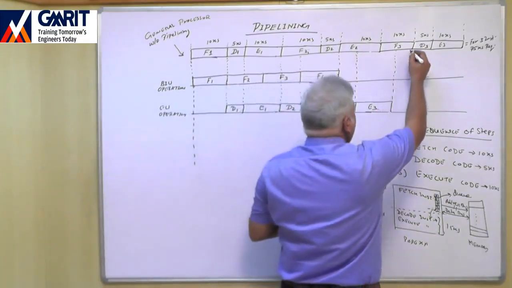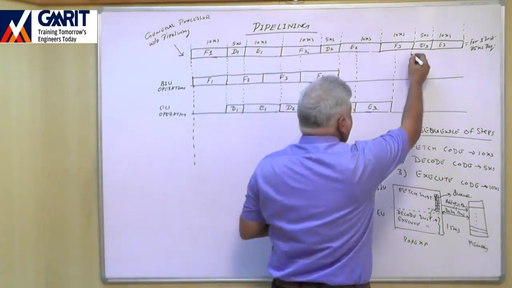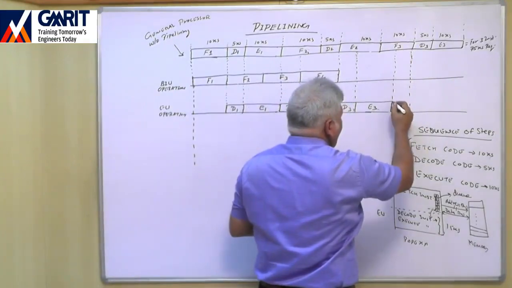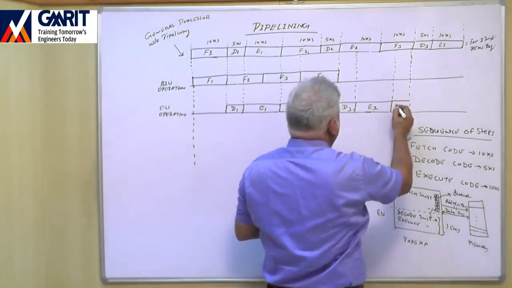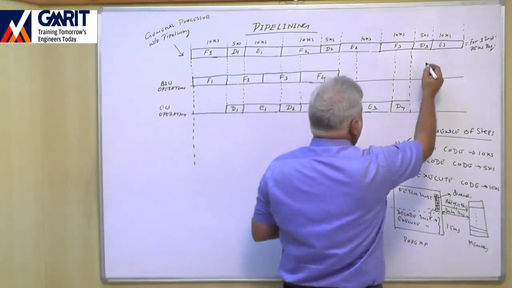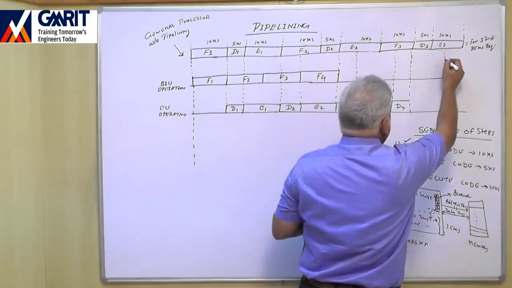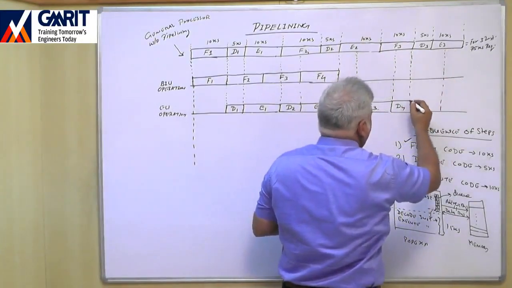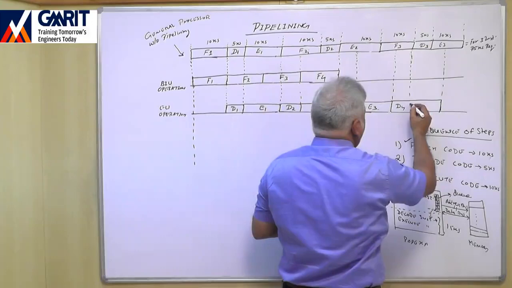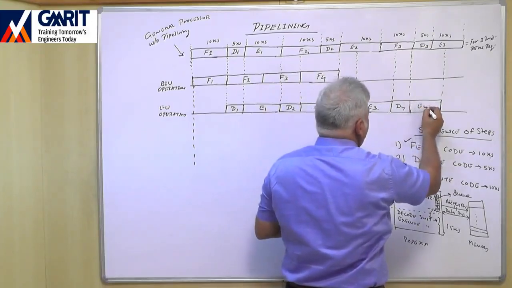So now for 5 microseconds it will decode the fourth, right? And in 10 microseconds it will execute the fourth, right?